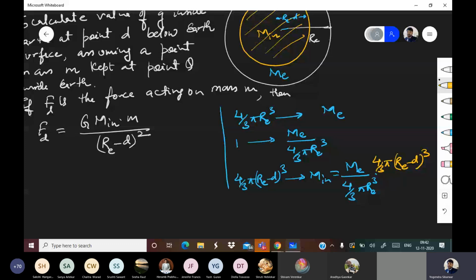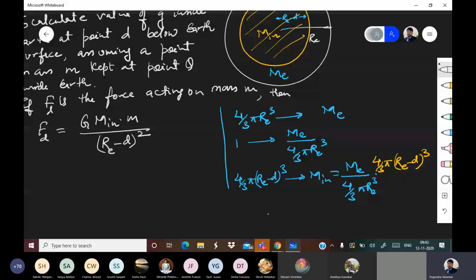That will be ME upon 4 by 3 pi RE cube, because mass by volume is density. So how much is the mass in the inside volume? The inside volume is 4 by 3 pi (RE minus d) whole cube. So M in will be mass per unit volume into the inside volume. Understood? Yes, sir.